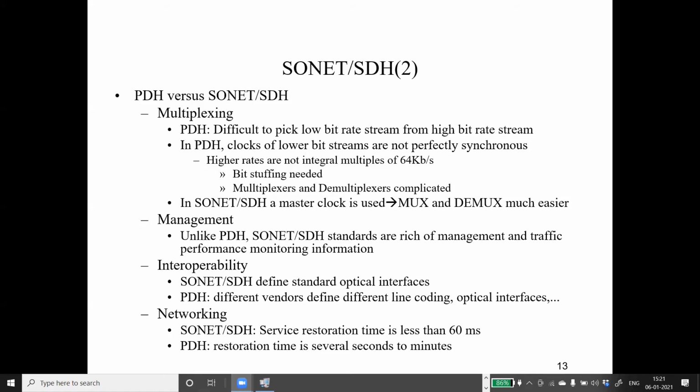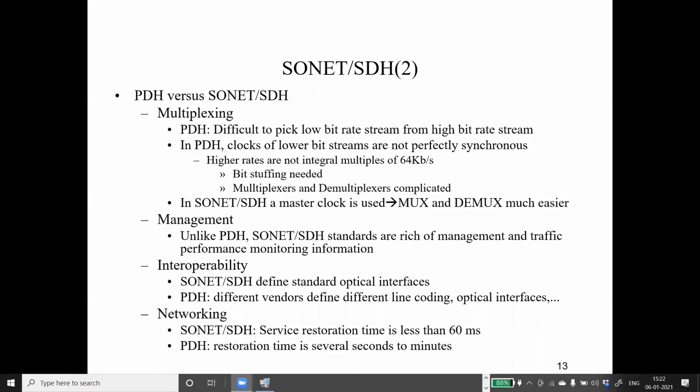And then in networking, Sonnet is better compared to the previous system, because it takes a few milliseconds to restore the system, because it's systematic and module-wise. Any problem in any module is quickly restored, because you have a backup system and you know how to resolve a problem at any particular point.